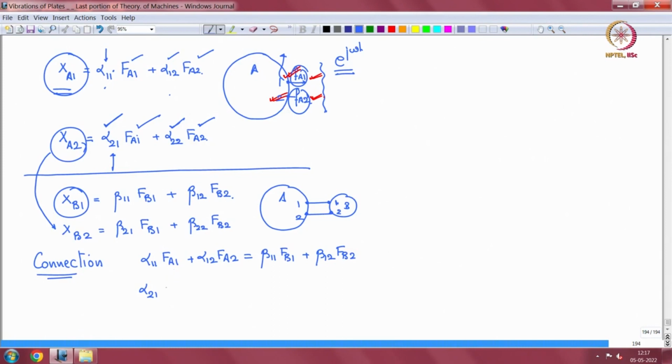So alpha 21 FA1 plus alpha 22 FA2 is equal to beta 21 FB1 plus beta 22 FB2.